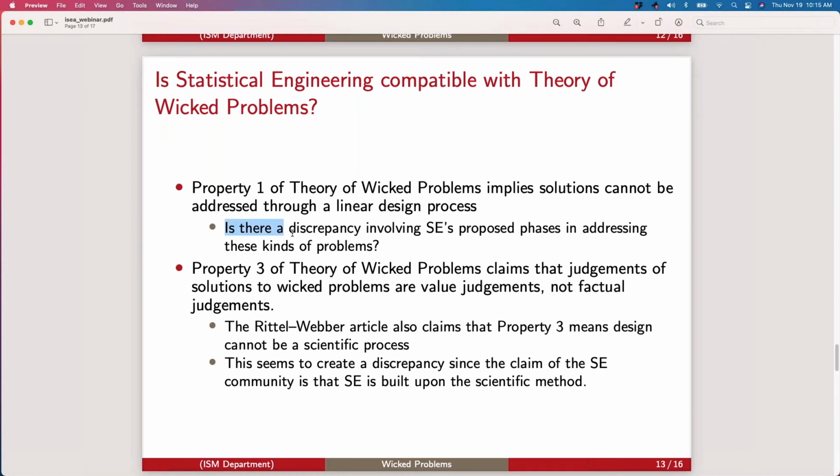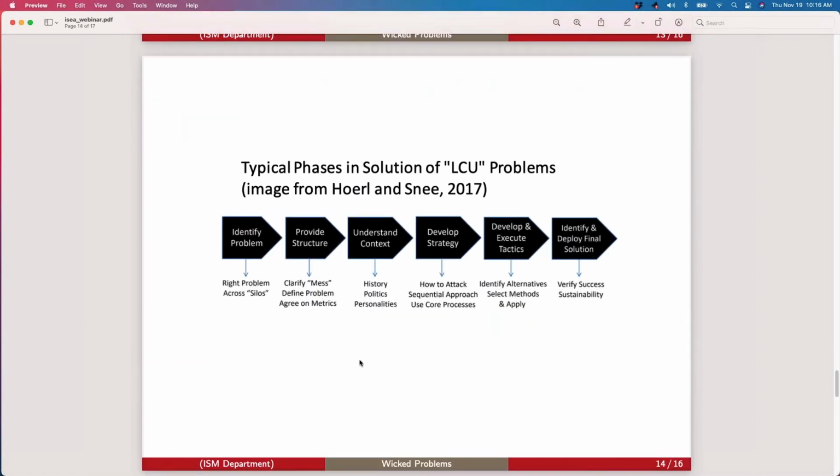So the question I might pose here is: is there a discrepancy involving SE's proposed phases in addressing these kinds of problems? Here's the framework proposed by Roger Hoerl and Ron Snee. The question I would have is, is this a linear process? If it is a linear process, then, at least according to the theory of wicked problems, it would be limiting in solving complex problems, unless you want to define complex problem as something different.